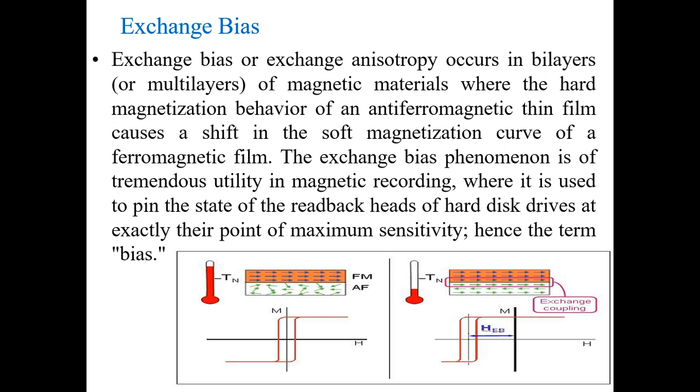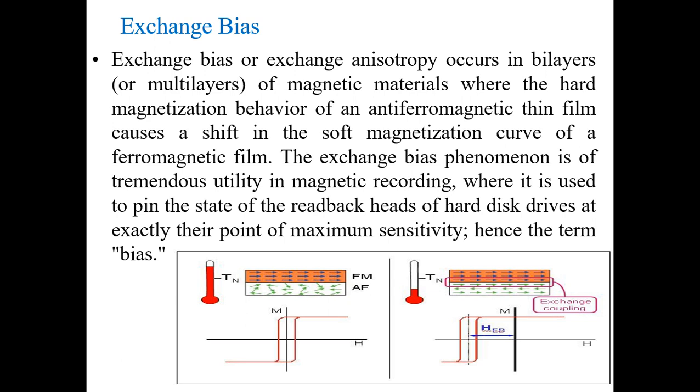On the other hand, on the right panel, you can see if we are below the Néel temperature, when the antiferromagnetic system is in the blocked state, then we have a shift of the loop, and this is due to the exchange coupling between the antiferromagnetic and ferromagnetic system. And this is called the exchange bias phenomenon.